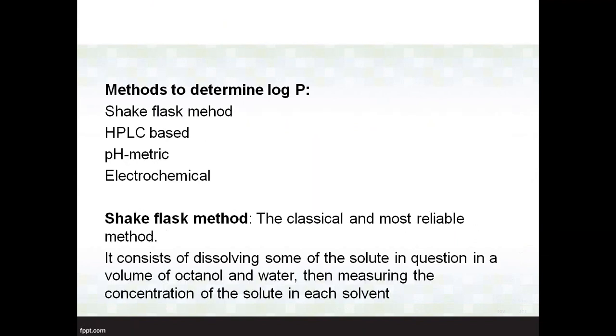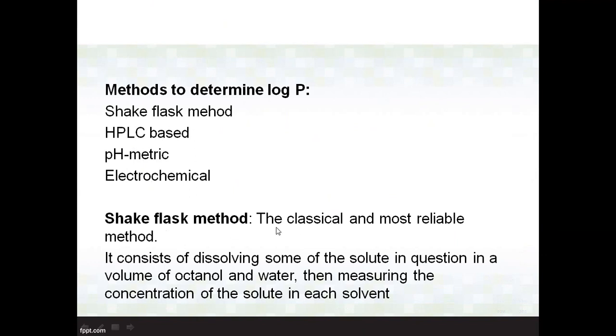Now let us see various methods to determine log P. So first is the shake flask method. One of the methods is HPLC based, that is by using high performance liquid chromatography, then pH metric and electrochemical methods. So the method which we would be using for our practical is the shake flask method.